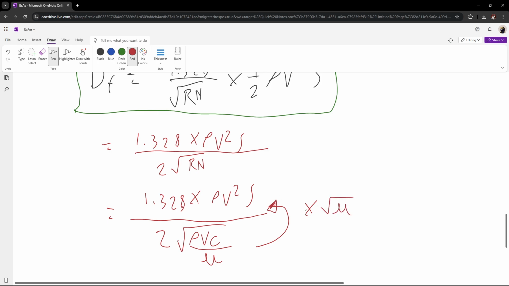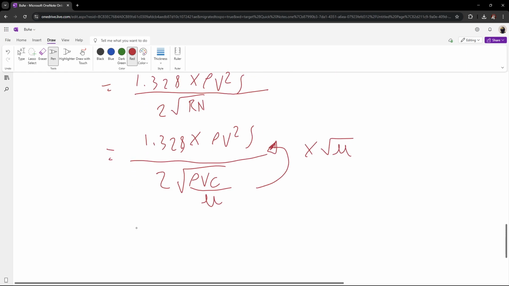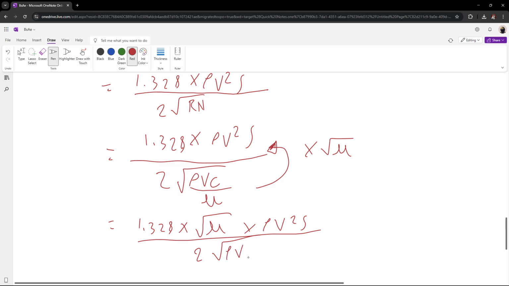Don't forget the square root. So in turn, we will have 1.328 times square root of nu times rho V squared S over 2 rho Vc.